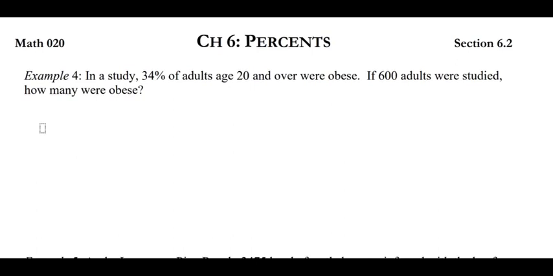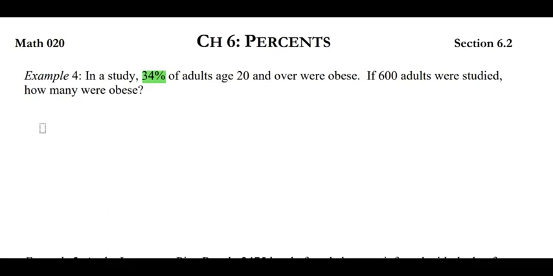Okay. Example number 4. In a study, 34% of adults aged 20 and over were obese. If 600 adults were studied, how many were obese? All right. So again, I have 3 numbers here. That's all I need for my proportion. I just need to make sense out of what I have. So 34% is going to go with 100.